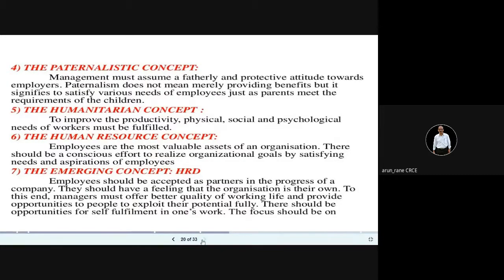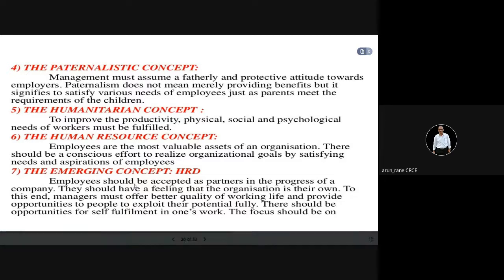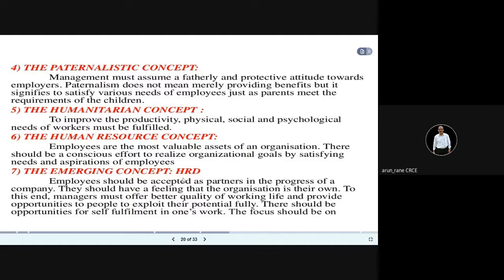Then paternalistic, that is like a father, how the father used to scold his child, with a cane or with a whip. Then humanitarian, like human touch, humanity. Then human resource concept, developmental concept. And then this was the final, that is HRD concept.